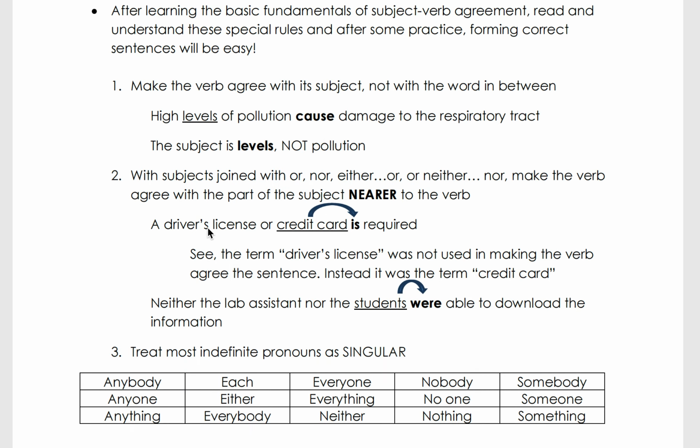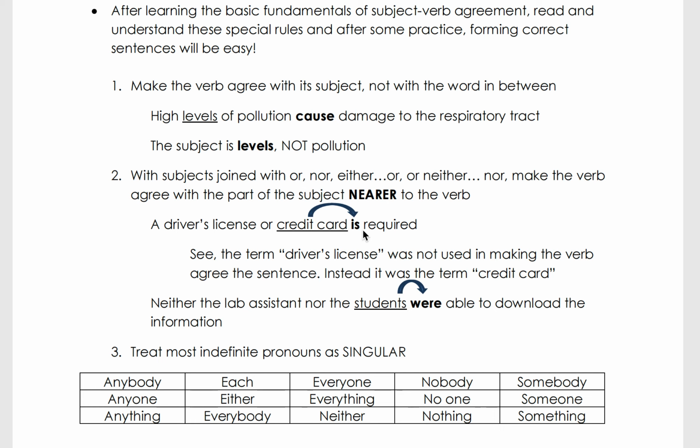When you have or, nor, either, or neither, you have to think about the subject that is near the verb. What does it mean? Let's look at the example: a driver's license or credit card is required.